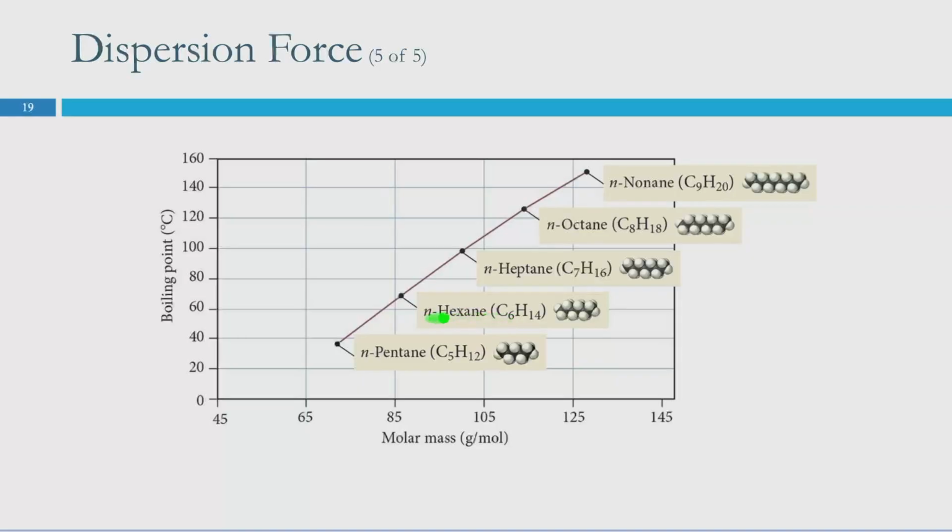Hexane is a common solvent used in the lab. Octane is one of the main ingredients in gasoline. If we went shorter than N-pentane, this is like maybe 35-ish degrees Celsius, so that would boil around here during the summer. If we went shorter to butane, that is also going to boil in most conditions.